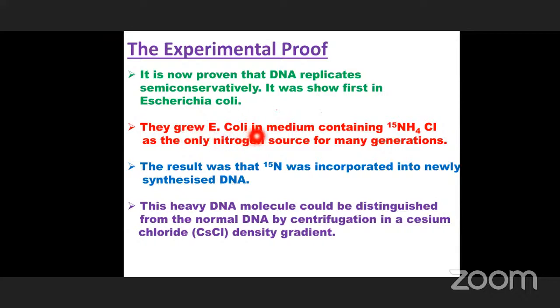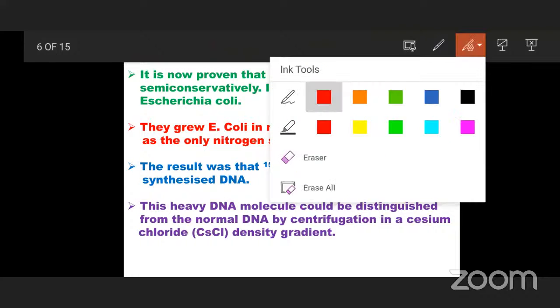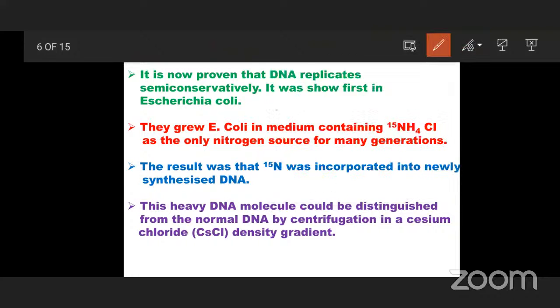They grow the E. coli in a medium containing NH4Cl. NH4Cl means ammonium chloride, used as the only nitrogen source for many generations. The E. coli bacterium is cultured in the ammonium chloride medium, and this medium has the N15 isotope.